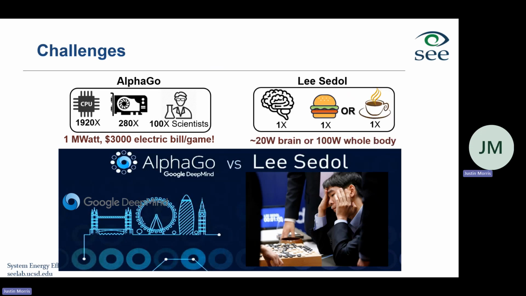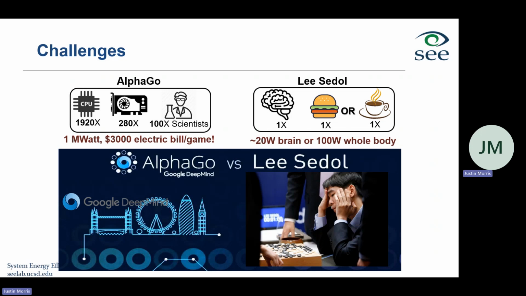But if we look at VHDL, his brain operates around 20 watts. All he needed before the Go game was a hamburger or a coffee, right? And if you consider his whole entire body, he's operating at around 100 watts of power.